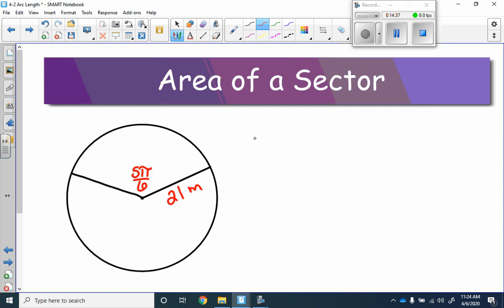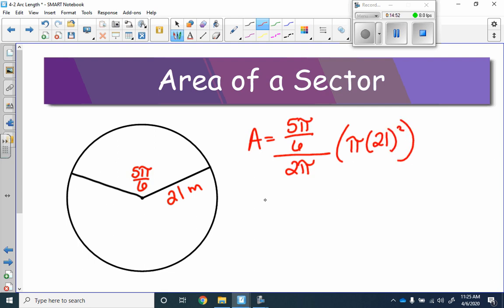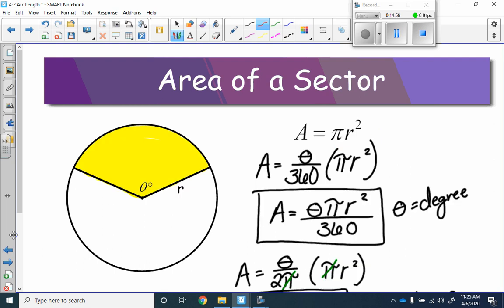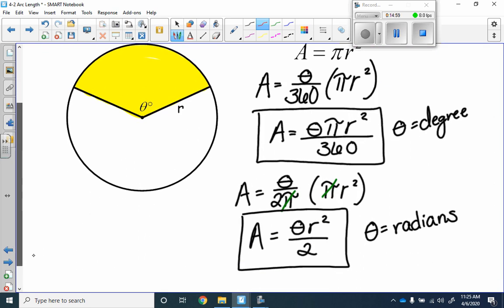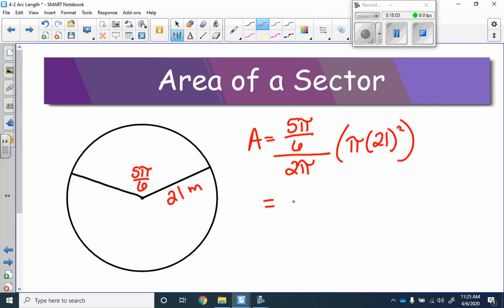So here you can go ahead and take your 5 pi over 6, divide that by 2 pi, and multiply it by pi times 21 squared. Now, I will say this one would be a little bit nicer to work with your simplified formula of theta times radius squared over 2. That's, again, up to you if you want to do that.